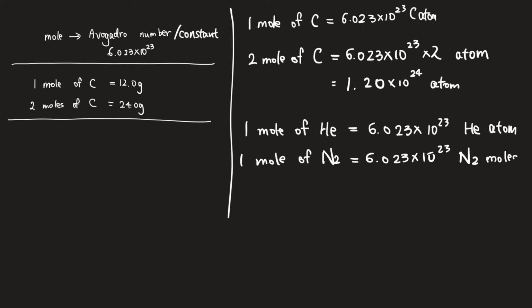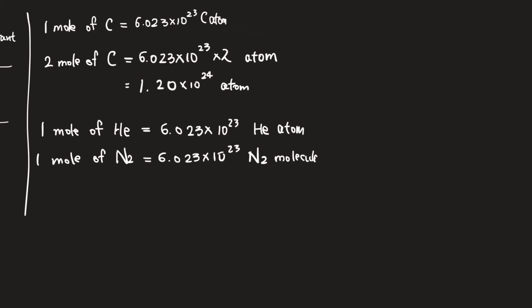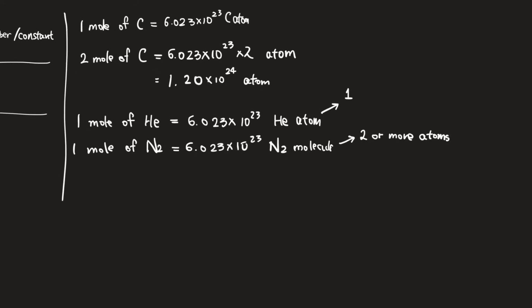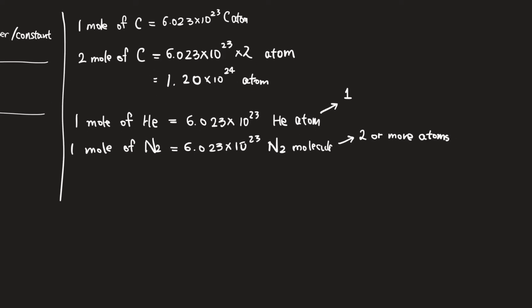When we mention the term atom, it corresponds to 1 atom. But a molecule is 2 or more atoms chemically bound or joined together. That is why you have to pay attention to the question.